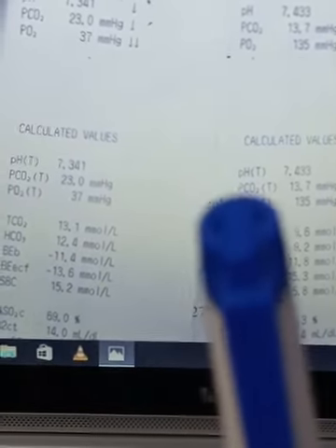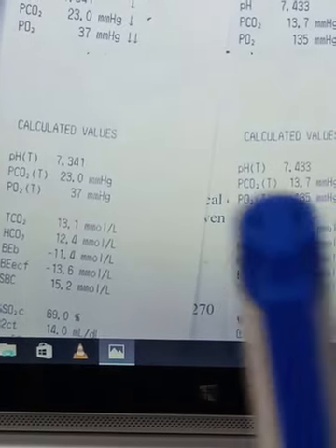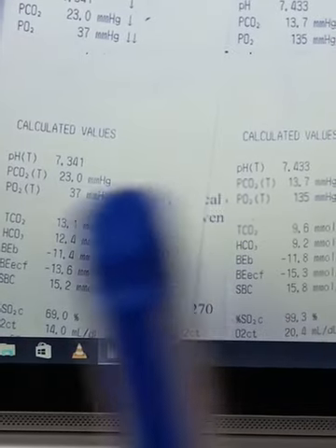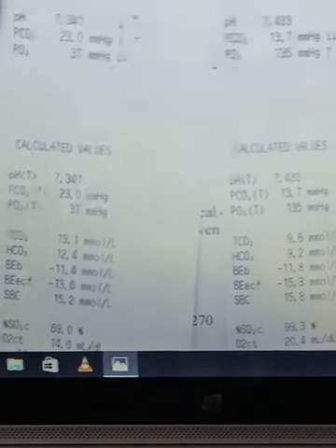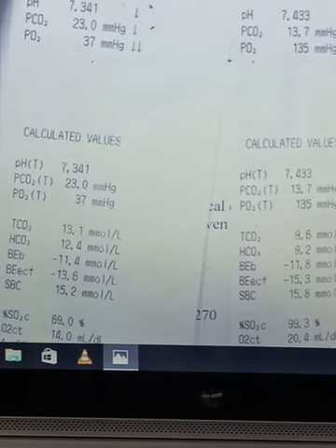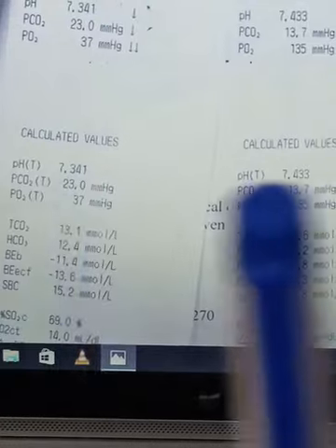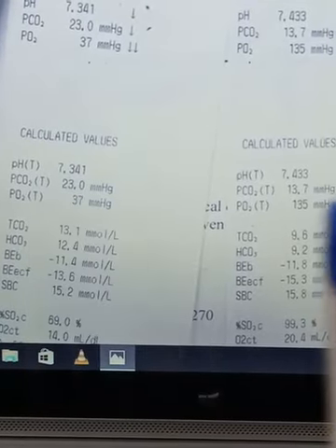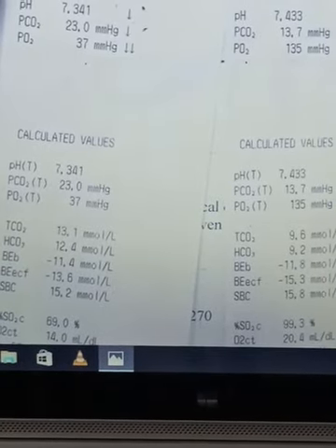Why? Now look at the CO2. CO2 is 13, but here the CO2 is 23. So the CO2 is increased. The drop in pH is actually due to the increase in CO2, and this shows the impending respiratory failure. This is a very important point: the increase in CO2 without rising pH shows respiratory failure.